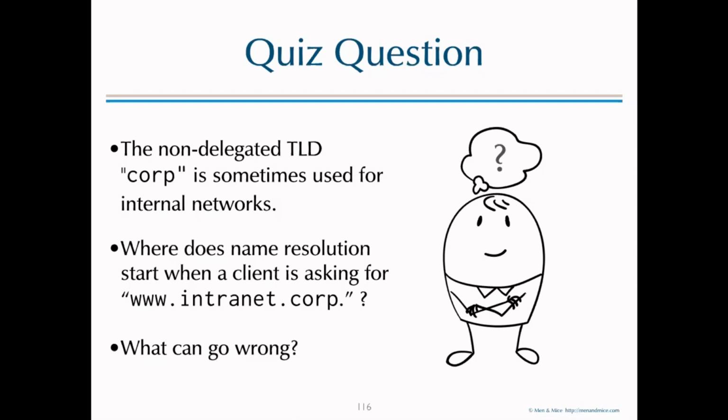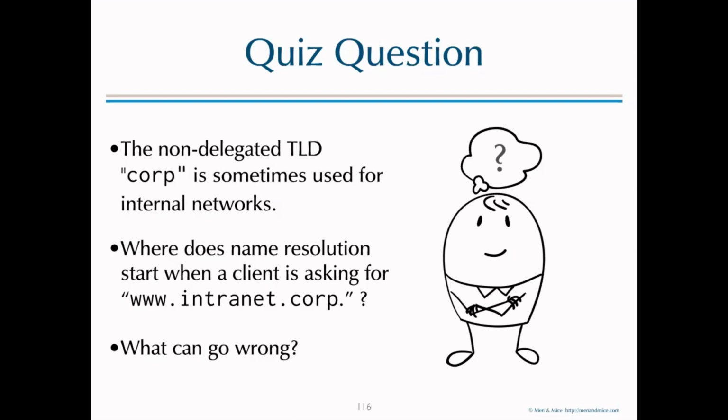One poor choice of a way of doing it is to use some specially made up top-level domain. .corp is popular. .lan is sometimes used, .internal, whatever names to say, this is my name, it doesn't really exist on the internet. Well, what's the problem with doing that?